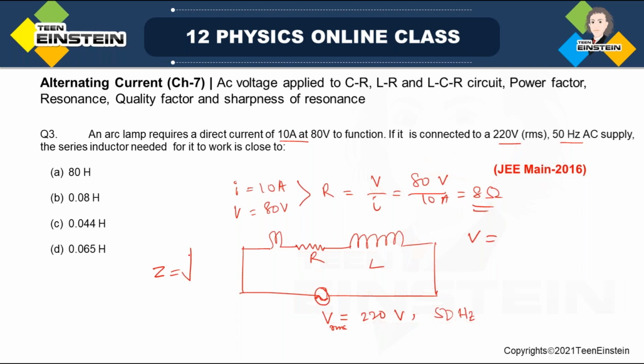That impedance will be given by Z = sqrt((omega L)^2 + R^2). So V will be given by I into Z, V = IZ. I is already given, that is the DC current. So DC equivalent current we can find out.